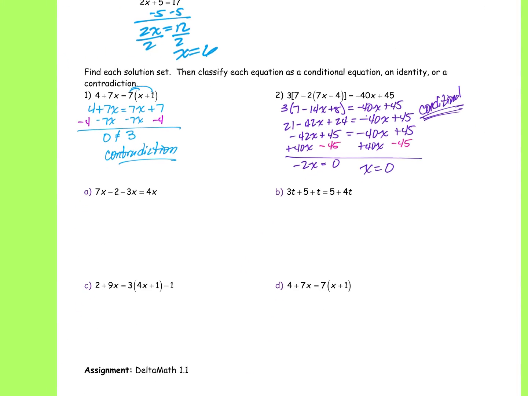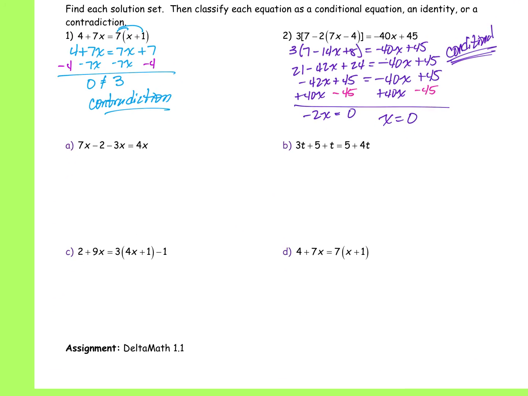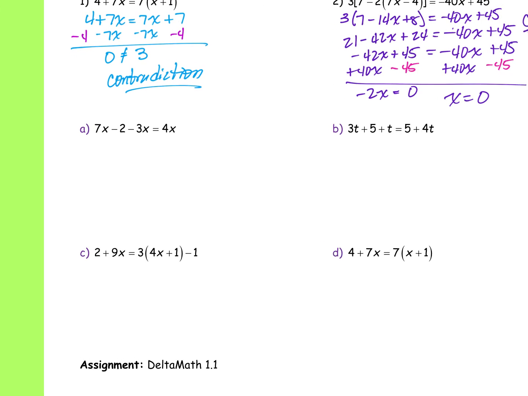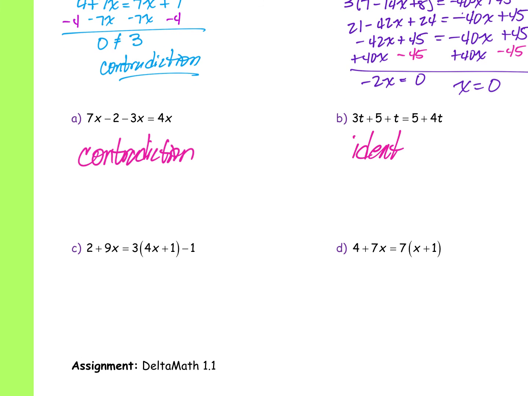Okay, go ahead and do the rest. Identity. Oh, if I can spell. I can't. There we go. And 3, conditional. And D is the same as 1, so it's a contradiction.